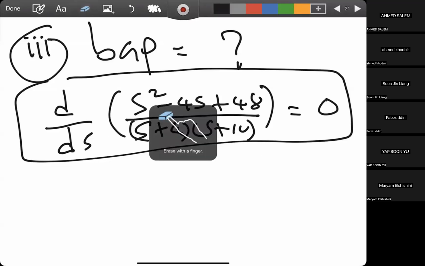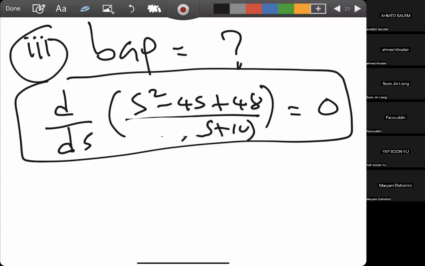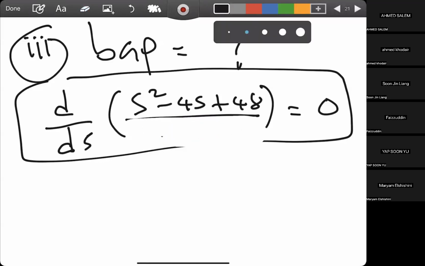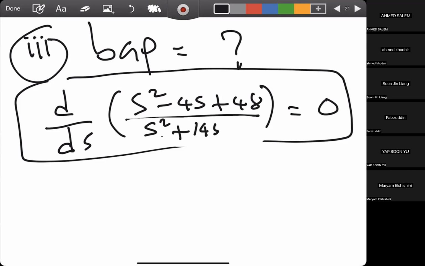Why don't we try? Okay. This one is s squared plus 14s plus 40, correct? Sun Yu, correct.